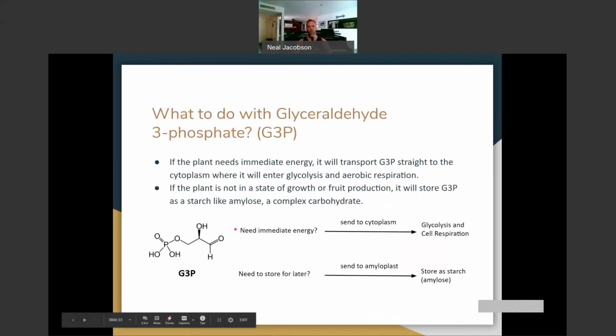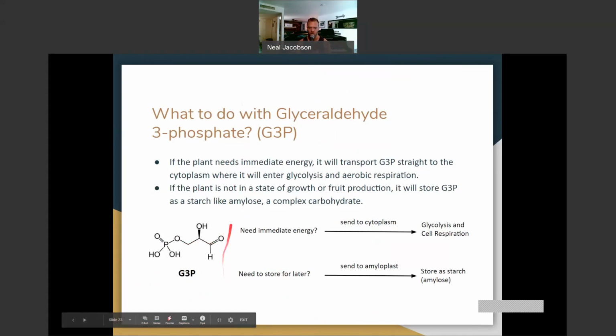So what do we do with glyceraldehyde 3-phosphate? The plant is going to ask 2 questions. The plant's going to ask, do I need immediate energy? Do I need to get more ATP to do some sort of building in the cell? If that's the case, G3P is a byproduct of glycolysis. It's one of the intermediate steps. So the plant can just transport G3P straight out into the cytoplasm.